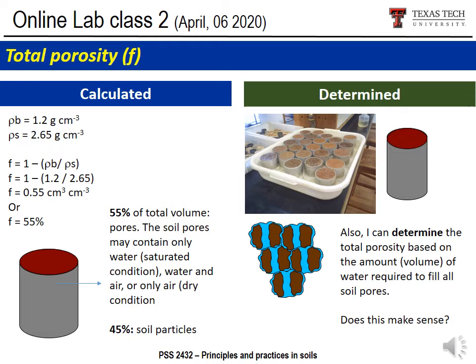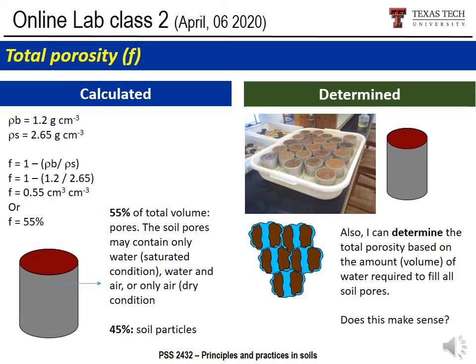And the second option, under lab conditions, it's possible to determine the total porosity. How? I can determine the total porosity based on the amount, the volume of water required to fill all soil pores. Does this make sense? Okay, I have two options.